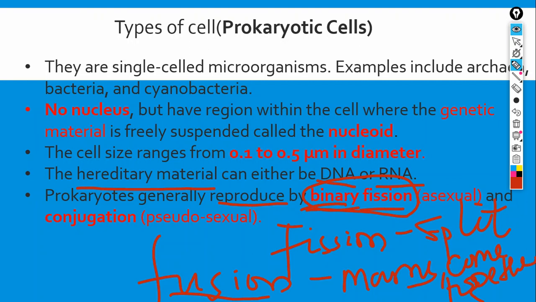So a single organism splits apart into two, and you have two daughter cells. Mitosis actually makes this possible.